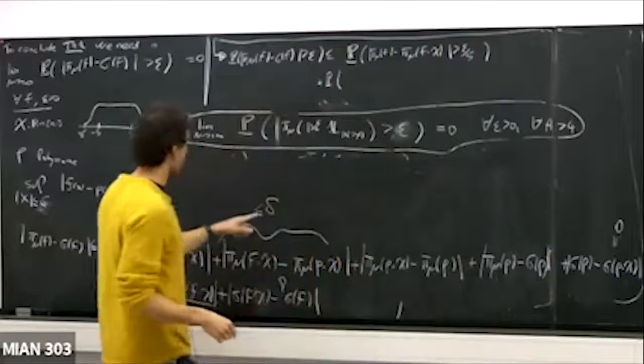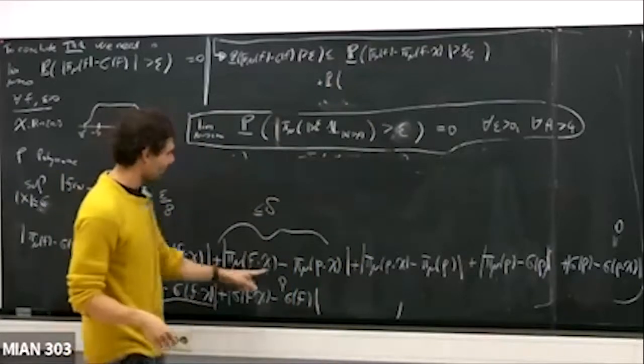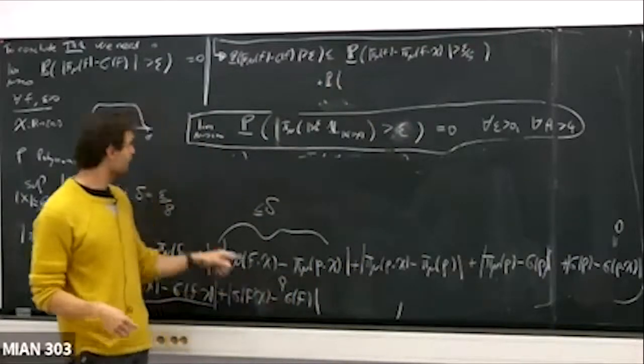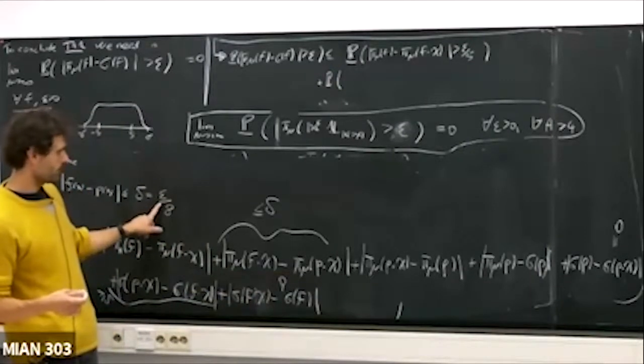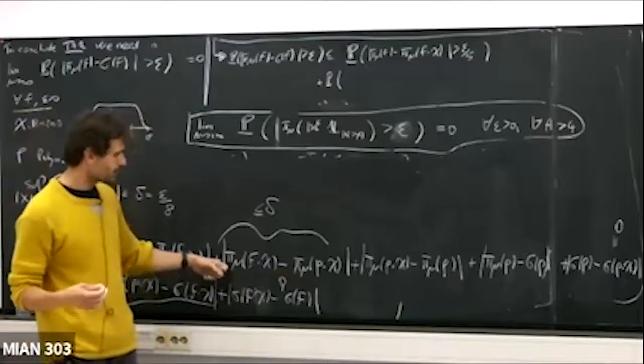Okay, but delta, so the probability that this is more than epsilon over 5 is 0, because delta was epsilon over 8. Okay, I could have taken epsilon over 5. Yes, this will never be more than epsilon over 5.